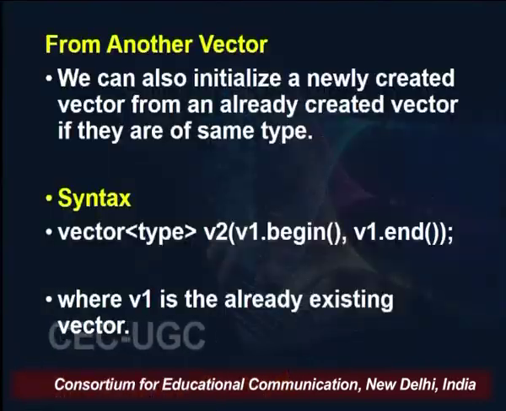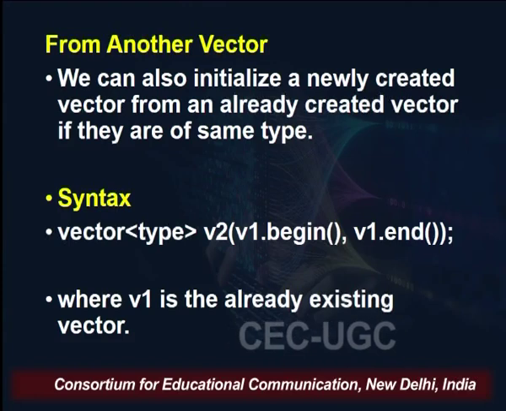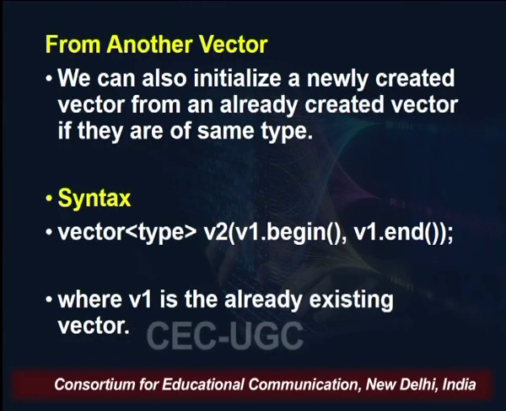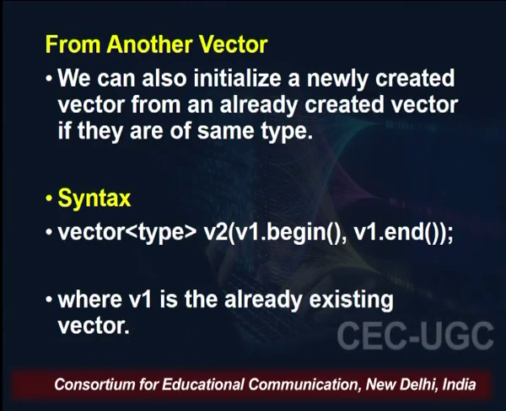That means which elements we need to include in our new vector, provided those elements are continuous, because the syntax goes like vector type v2 v1 dot begin, that is a function, so it comes with parentheses, comma v1 dot end, where v1 is nothing but the already existing vector. So, starting from begin to end, in this example we are copying all the elements, we have not selected the elements, but we can also do that.